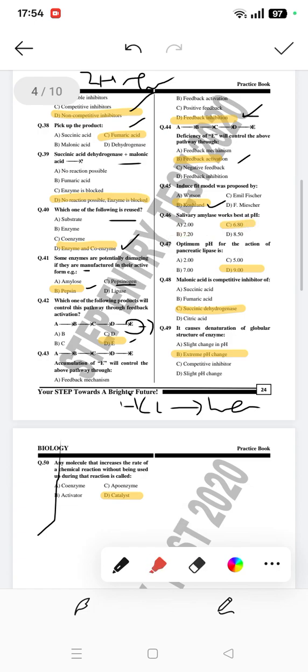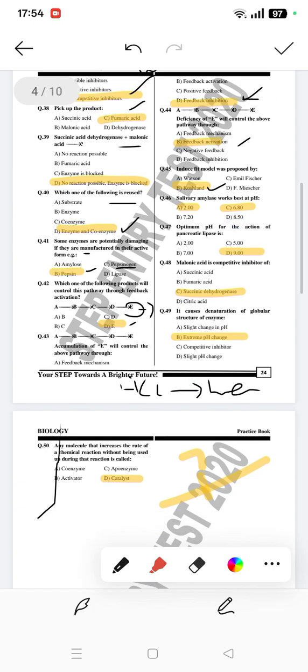It's like 6.80, because if you see the scale, 7 is neutral and they are just a little back from that. Pepsin works at a pH of 2, and 8.5 is alkaline.